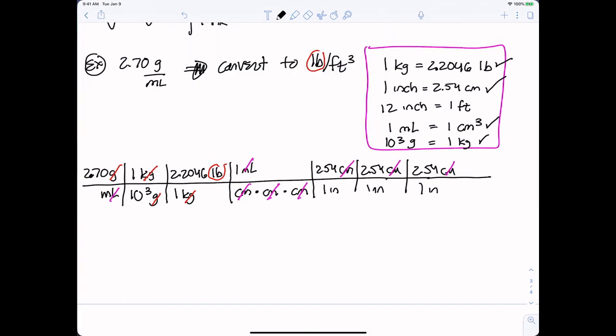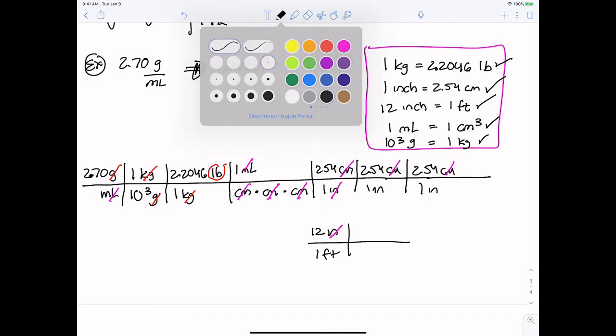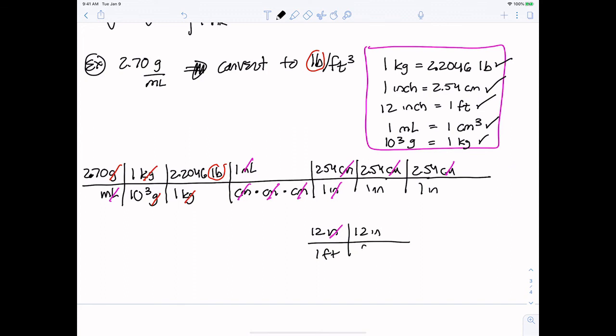So when I go to finish the problem, we're going to have to continue it down here. I'm going to have to do the next one 3 times. So inches are on the bottom, inches are going to go on the top. I know that there's 12 inches in 1 foot, and that inch, sorry if this is confusing by having to put it on a different line, is going to cancel with that one. 12 inches in 1 foot, that'll cancel another one, and then one more, 12 inches in 1 foot.